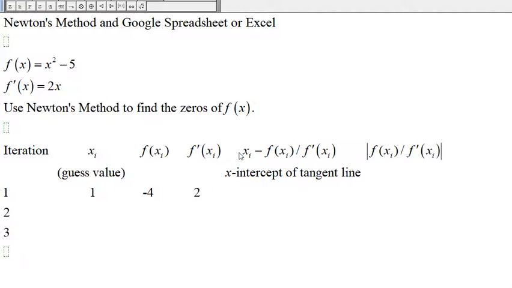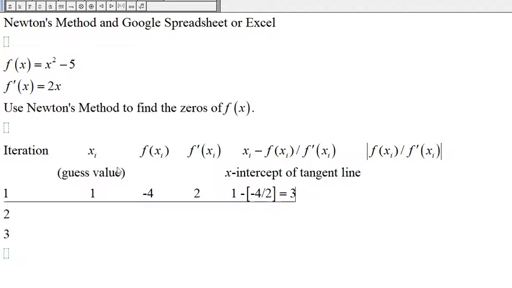Remember that this is the slope of the tangent line. Next, we calculate the x-intercept of the tangent line, which is x sub i minus f of x sub i divided by the derivative. In this case, it is 1 minus negative 4 divided by 2, which equals 3.